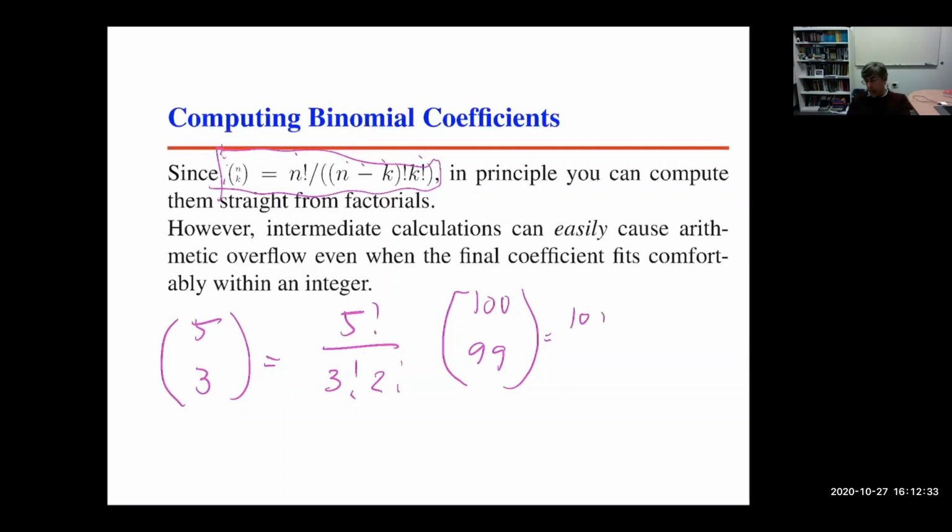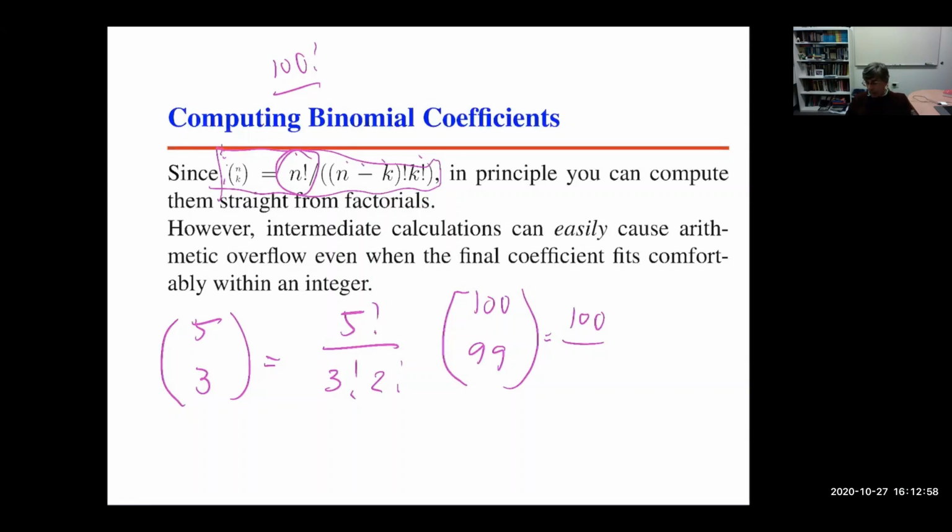So everybody sees that that's 100. Did you do this by starting out and computing 100 factorial? 100 factorial is bad news to compute. Why is that? It's a number with presumably a couple hundred digits.